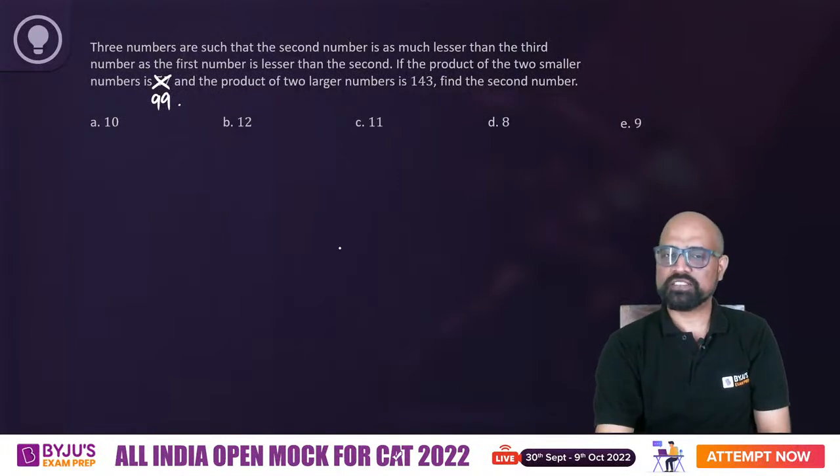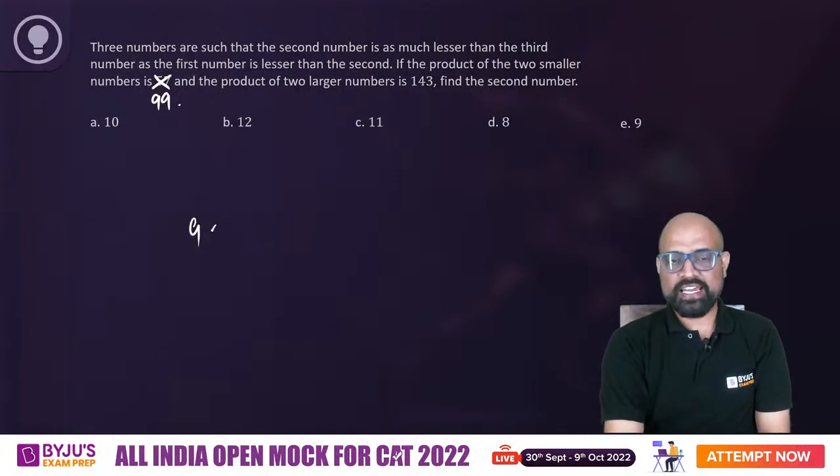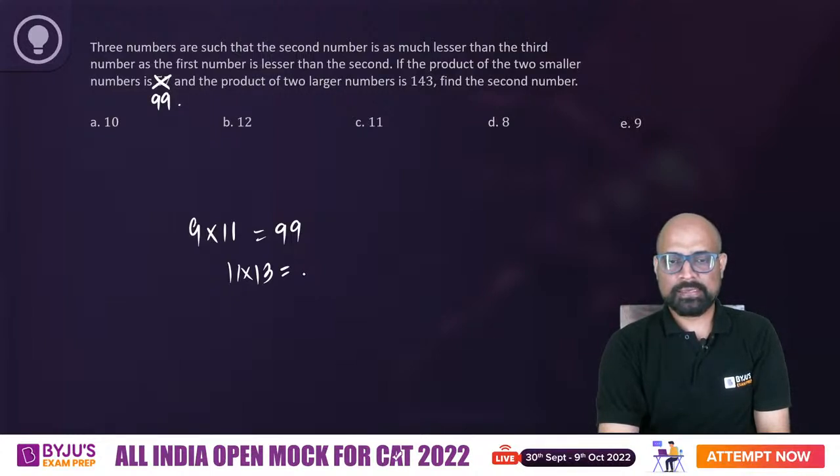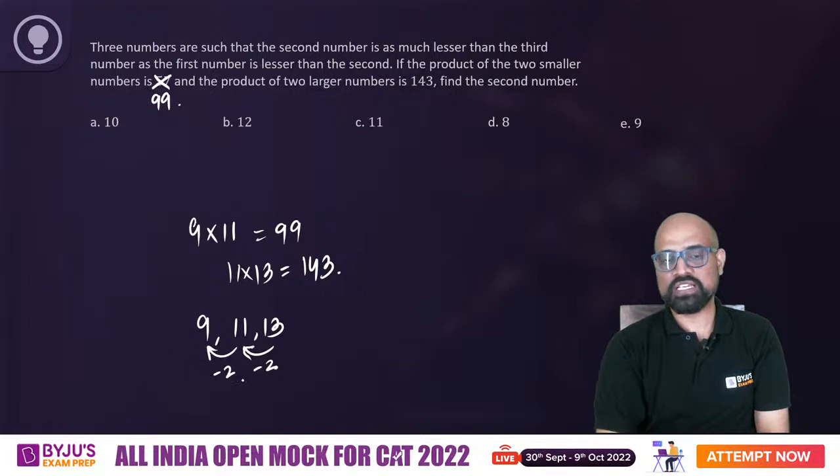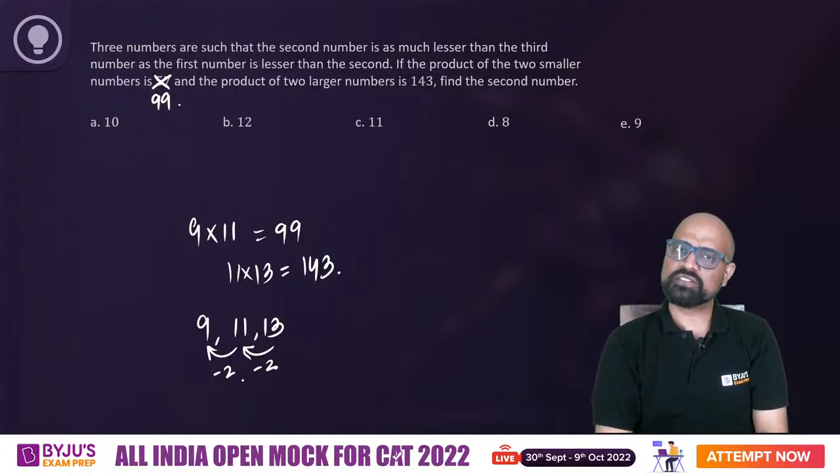Then only it will make sense. That 9 into 11 is 99, and then 11 into 13 is 143. And if I write down the numbers as 9, 11 and 13, so we can say that the second number is 2 less than the third number and the first number is 2 less than the second number. Then only it will make sense. Right?